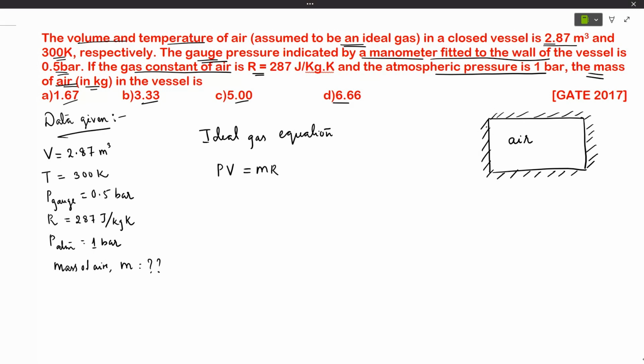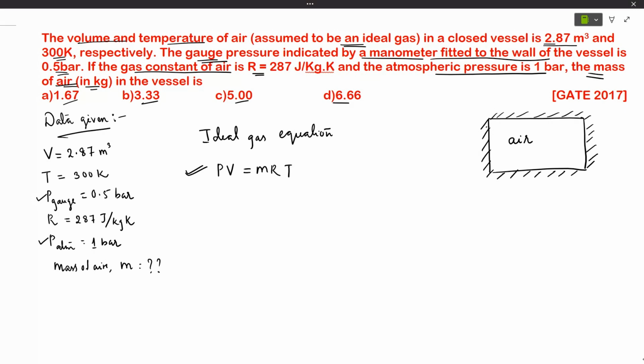If we observe this expression, we have volume V, gas constant R, temperature T, and pressure is also mentioned, in the form of gauge pressure and atmospheric pressure.